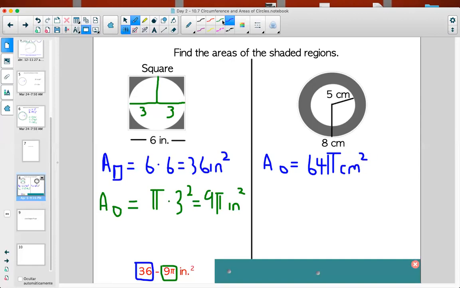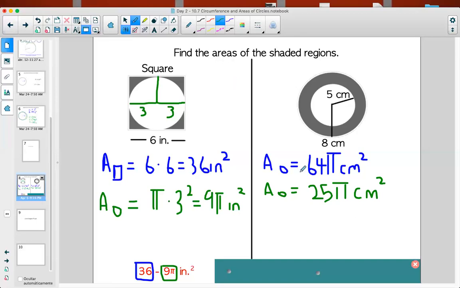And then we're going to find the area of the white circle. So for that one, I will use the green. So for that one, I'm going to do pi r squared. Remember, r is 5, so this is going to be 25 pi. And we want to leave it as exact, meaning we want to keep the pi Greek letter in there.